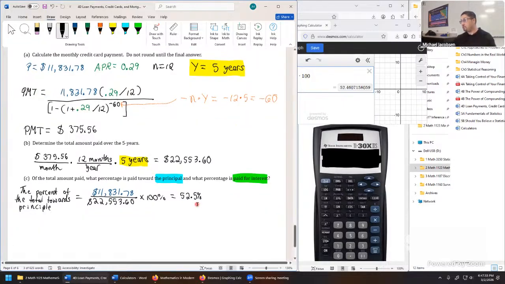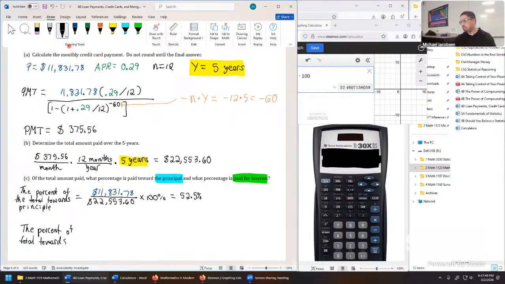So now we know just under 50% went towards interest. Let's just put it down on paper to finalize it. The percent of the total towards interest will be 100% minus the 52.5%.